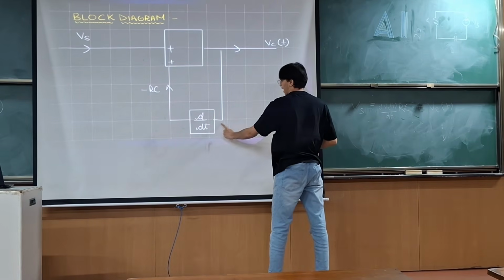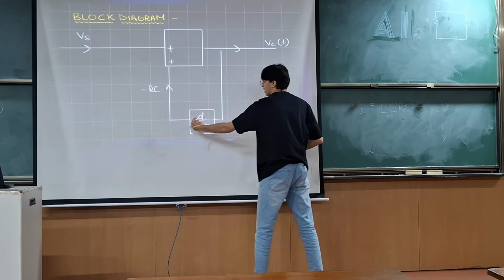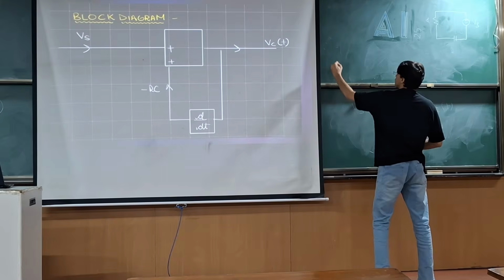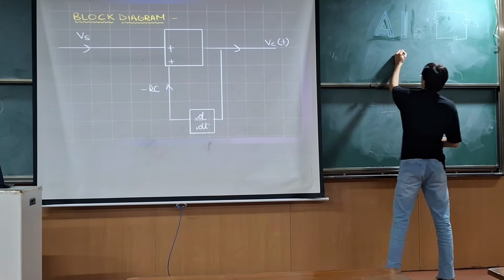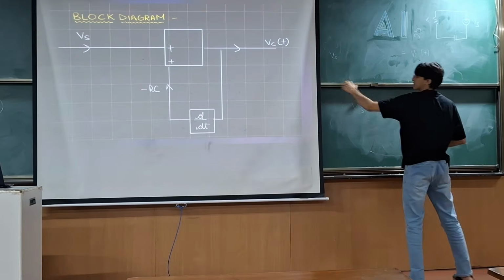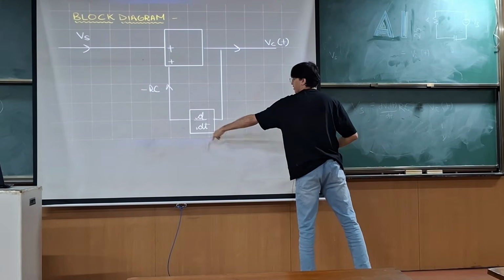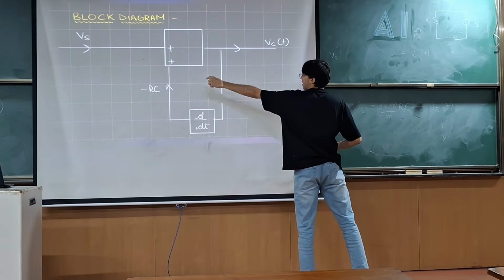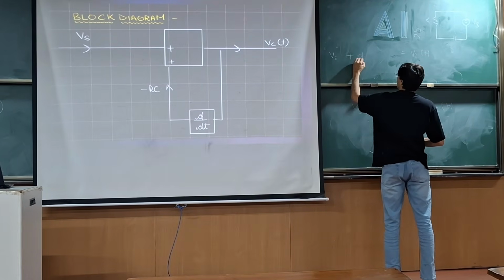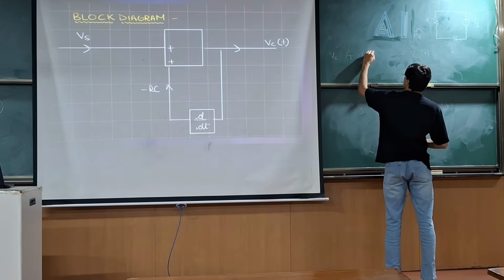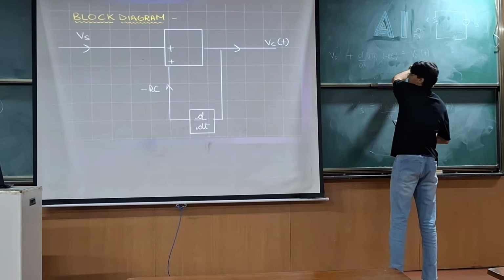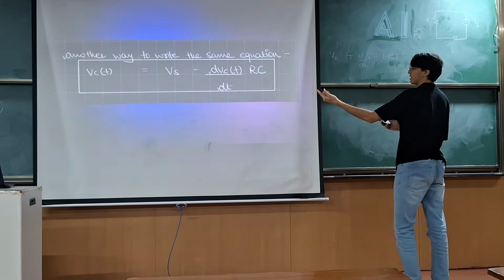Now the Vc goes back, gets a time derivative, gets multiplied by minus RC, and gets added to Vs. So the time derivative of Vc multiplied by minus RC gives us Vc of t. This is the same equation that we had.